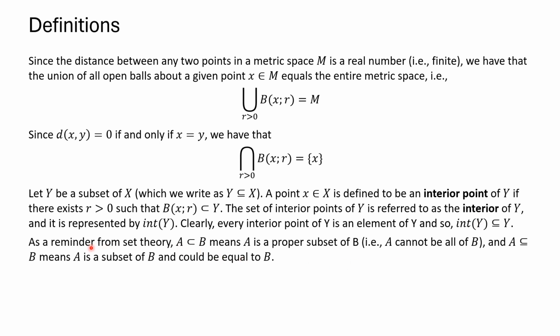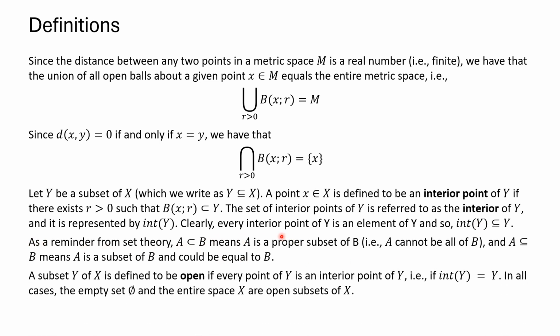I mentioned this before about a proper subset, so I won't repeat myself here. Now, the punchline: a subset y of x is defined to be open in x, where x is our metric space, if every point of y is an interior point of y.